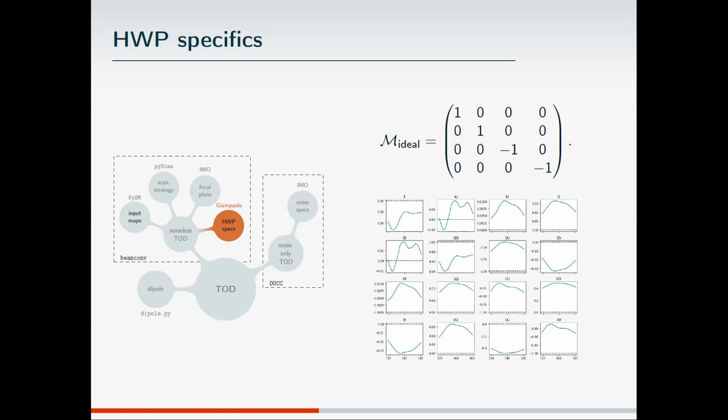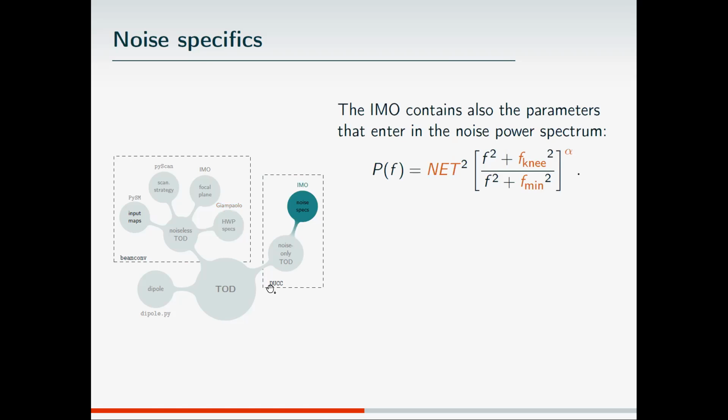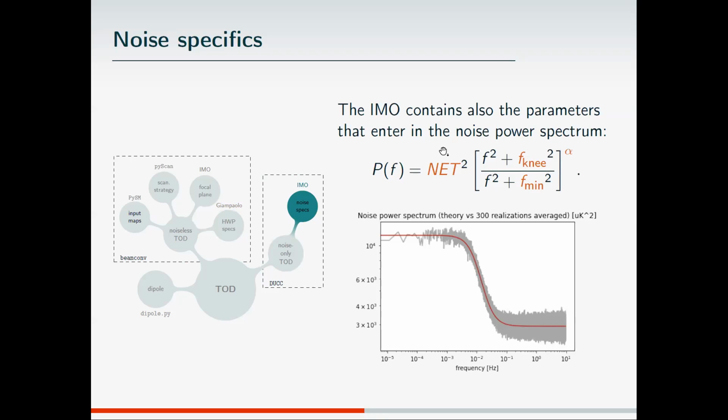And so these are the inputs that I'm using for running beamconv, the real beamconv part. And then there is the noise that is dealt with by DAC. DAC is able right now, given all these parameters for the noise power spectrum, to produce a realization of the noise. And these are again given in the IMO. So I just read these parameters from there and run DAC. Here I am showing the noise power spectrum.